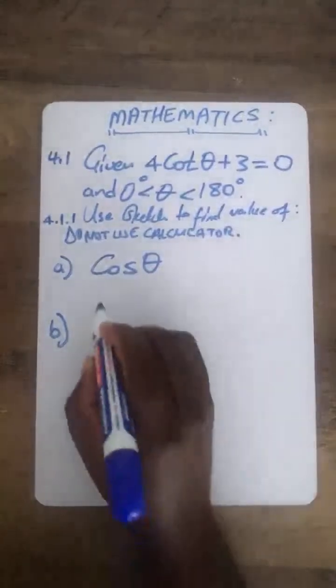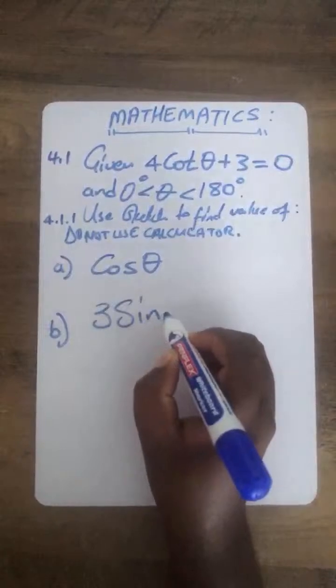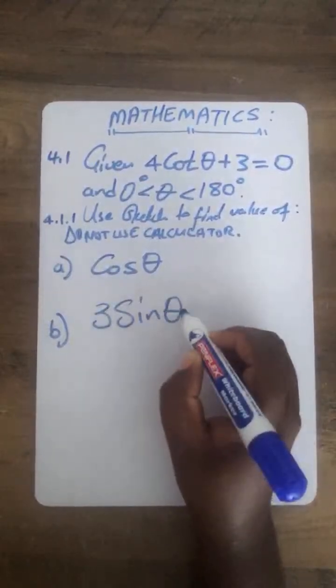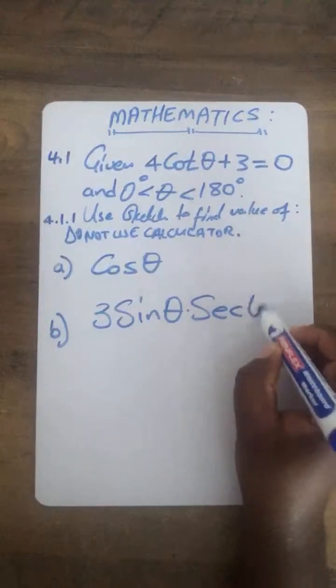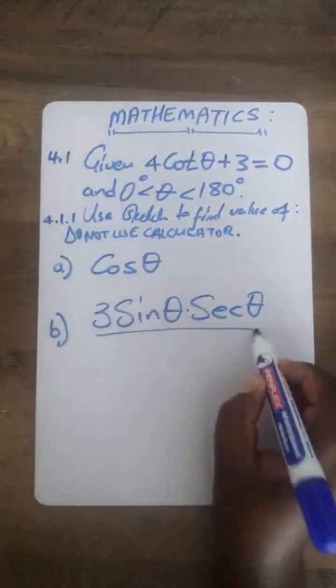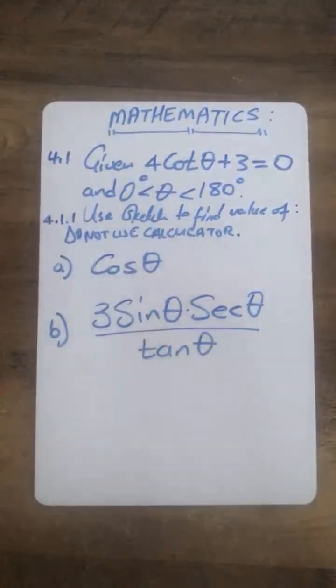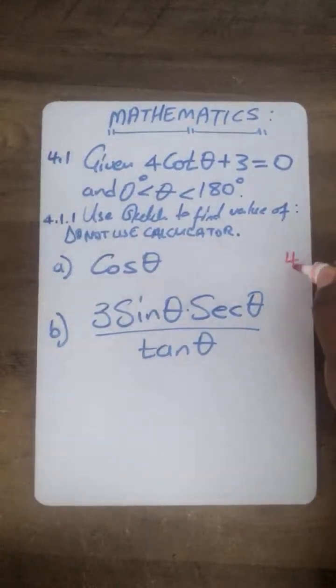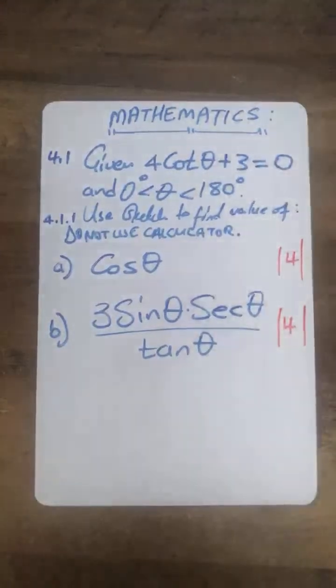And then B, they say 3 sine of an angle multiplying sec of an angle, the whole of that divided by tan of an angle. And that question also is allocated 4 marks. So you've got 4 marks there and 4 marks there.